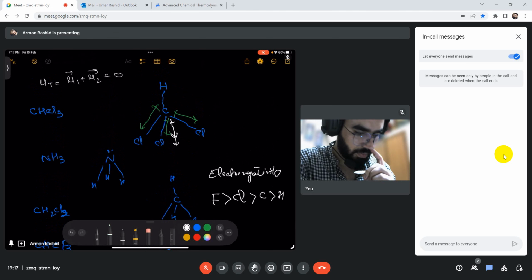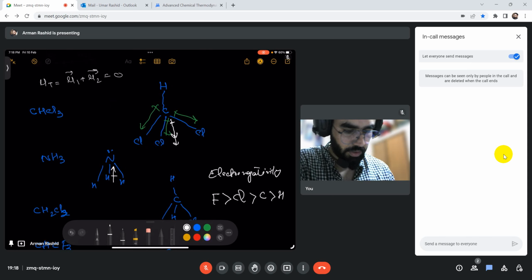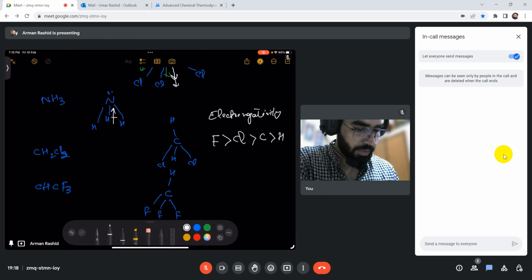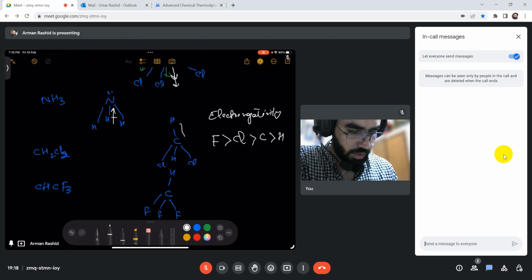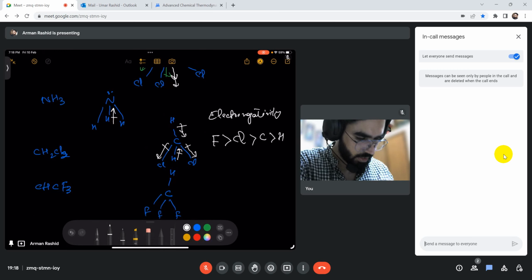Here the hydrogens will be positive charges, so the net dipole moment will be towards the top a little bit. Similarly for the carbon and this hydrogen, this will be towards here and this towards there, and the net dipole moment will be the sum of these. Similarly the dipole moment for these bonds will be like this.